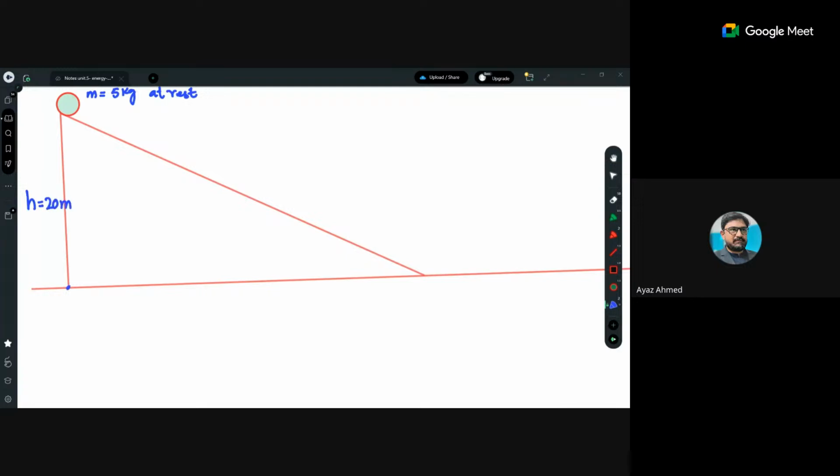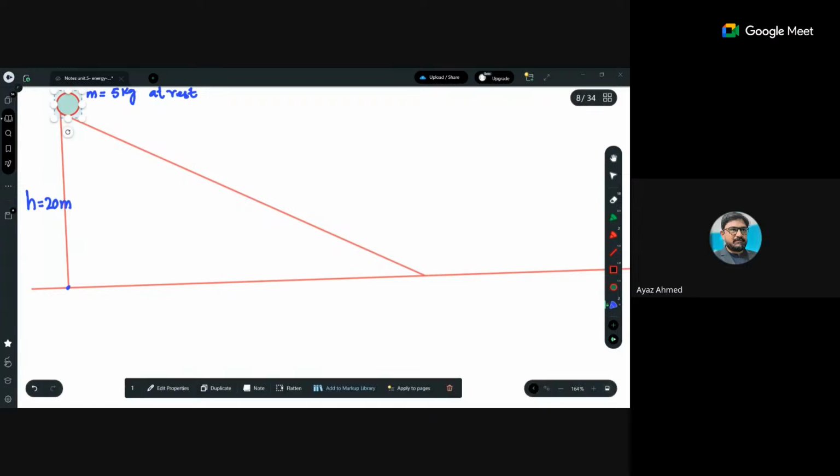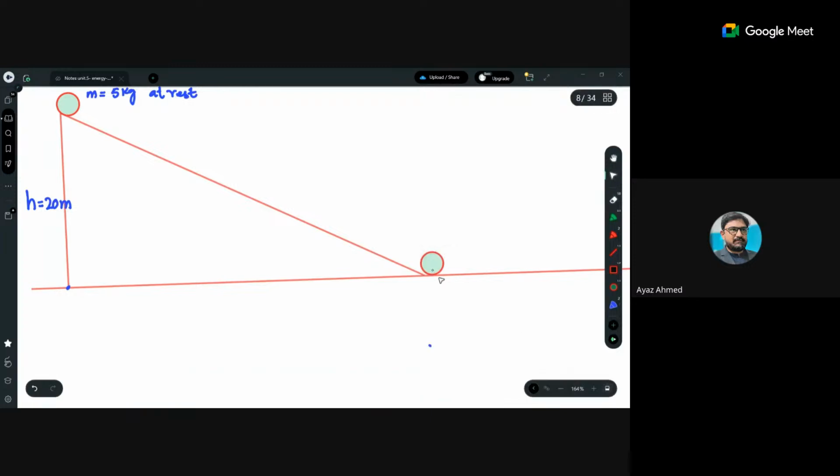How much height does it have? 20 meter. Are you getting it? Okay. Now this ball is rolling down and down and down. When it reaches the ground, it has lost some of the energy.